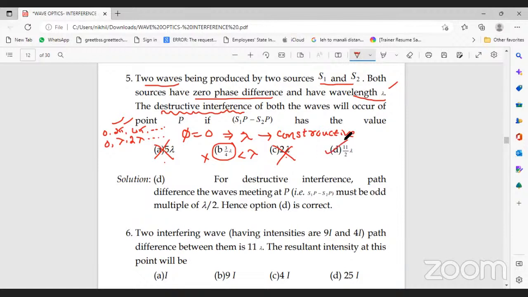Which option is it? 11 by 2 lambda, so option D. For destructive interference, what is the condition for path difference? Lambda by 2, 3 lambda by 2, 5 lambda by 2, 7 lambda by 2, like that. So you can get 11 times lambda by 2.